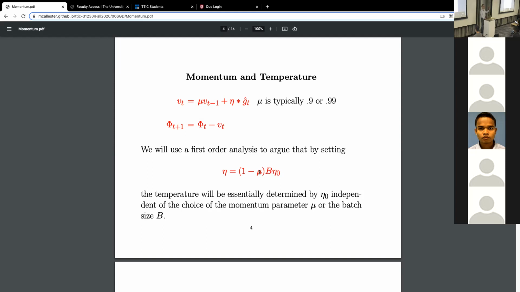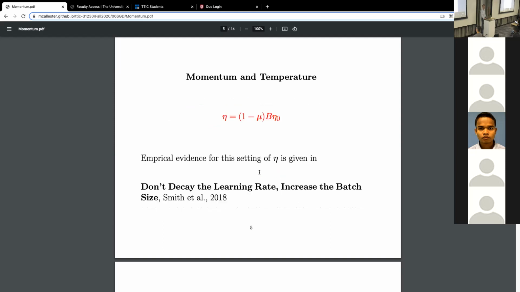So that's where I'm going. I just wanted to put that up front. And that also has empirical support. In this paper from 2018, they scale both the batch size and the momentum parameter, coupling them to the learning rate in a way that's consistent with this formula.